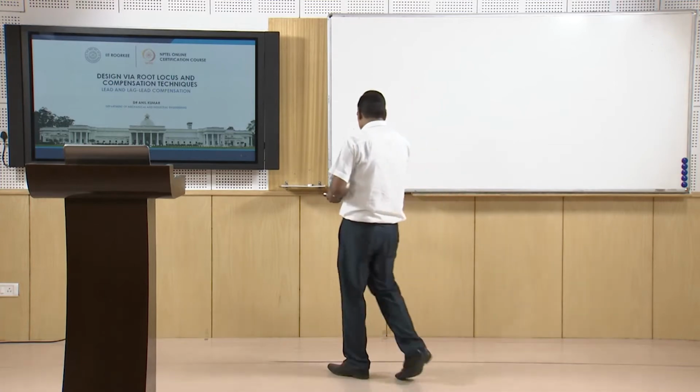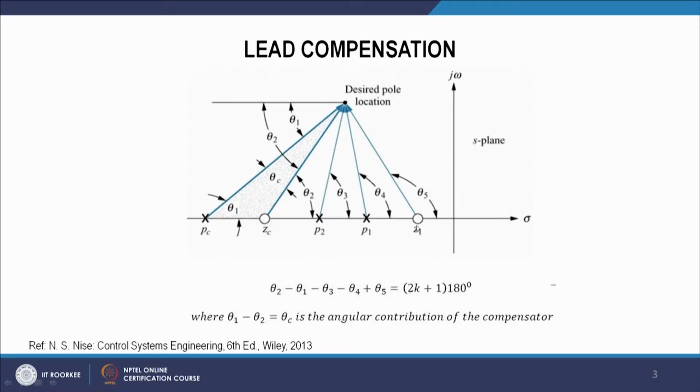So here we can see the 0 of the system, P1 is a pole, and P2 is a pole of the system. Now this is our desired pole location where we want the new root locus to reach. So we are putting a 0 here and another pole, that is the compensator pole.